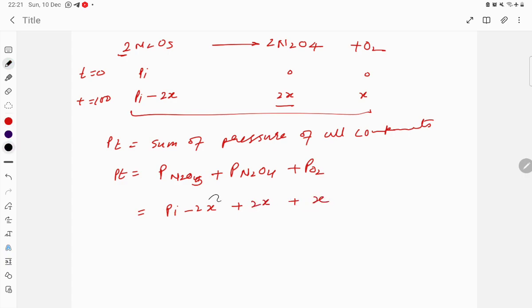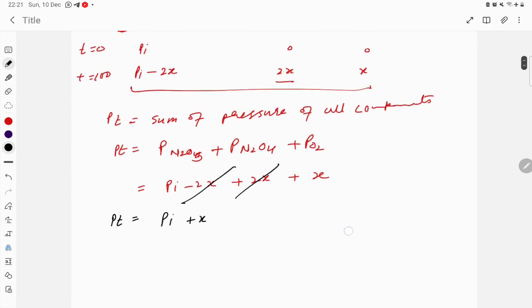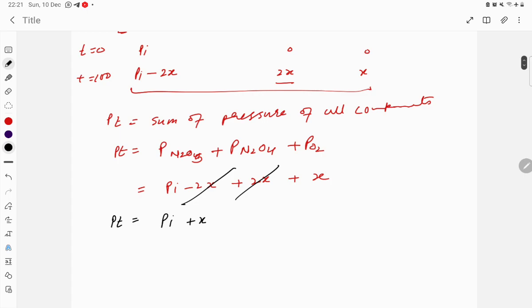Now you see in the table, minus 2x plus 2x will cancel out. So PT is equal to Pi plus x. Now what we actually required in this question is this value.